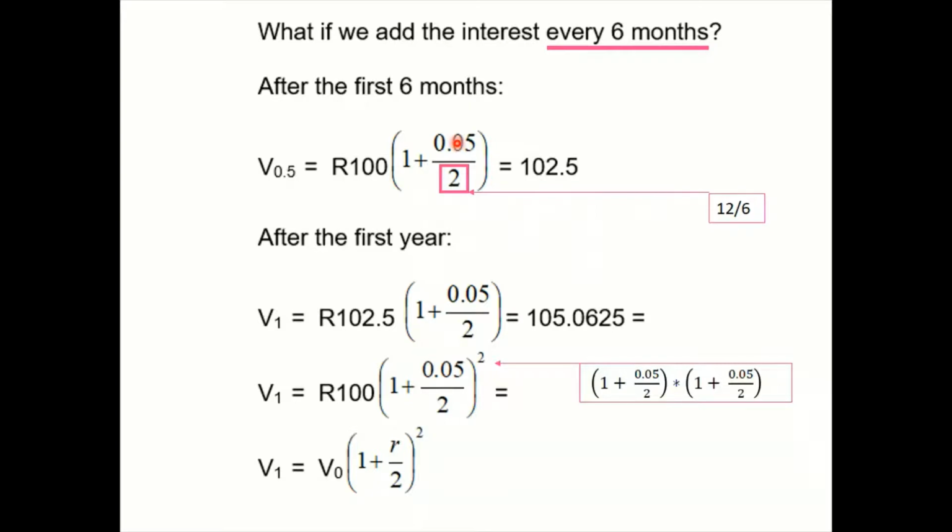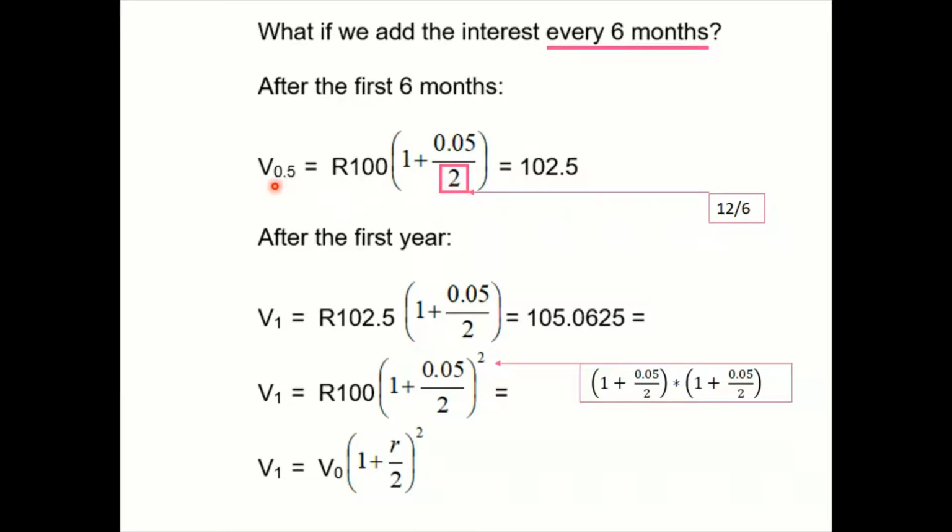And accordingly, we need to divide the annual interest rate of 5% by 2, because we're going to be calculating interest after the first 6 months. So that is how our formula would change.